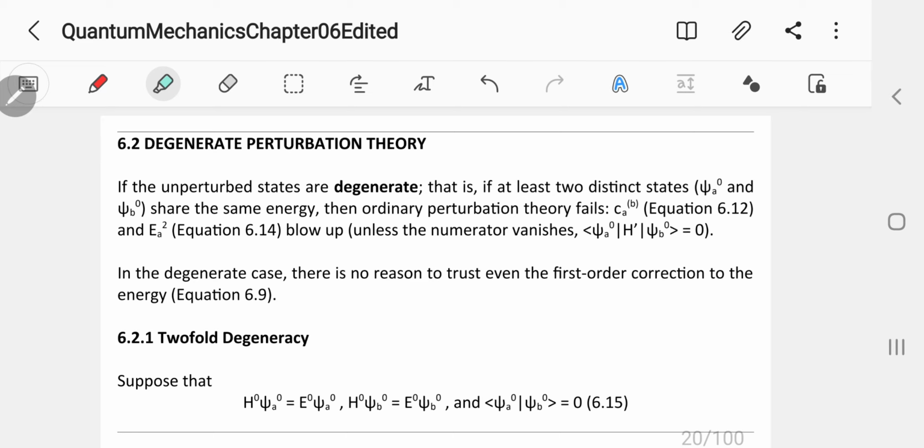So if the unperturbed states are degenerate, that is, if at least two distinct states, phi A0 and phi B0, have the same energy, then ordinary perturbation theory will not work. So equation 6.12 will have a denominator of 0, and it blows up when you do this.